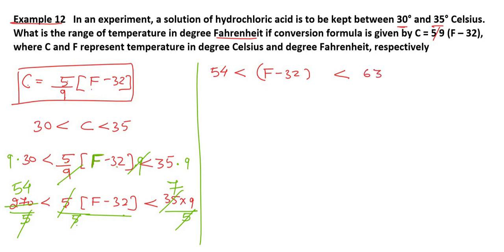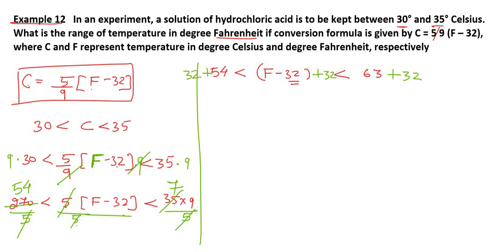Now what do we need? We don't want 32. So what should we do to get rid of 32? Can we add 32 everywhere? Yes. So let me do plus 32, plus 32 and plus 32.